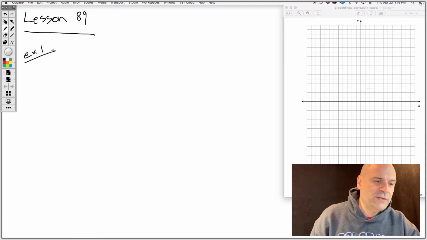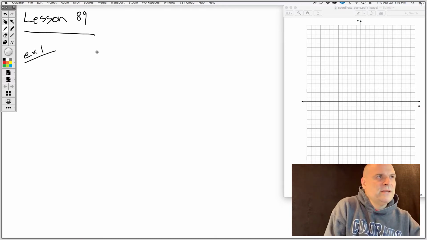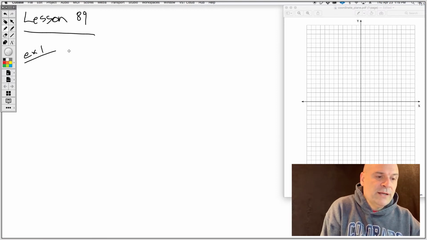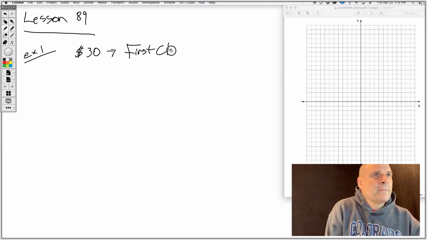Airline rates for flights from Tifton to Adel are $30 for first class, $25 for tourist class. Let's just write that information down. I'm not going to copy the whole problem down, so we're going to say $30 for first class, and then $25 for the tourist class.